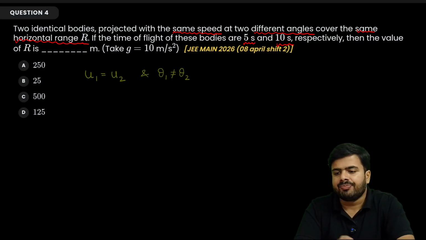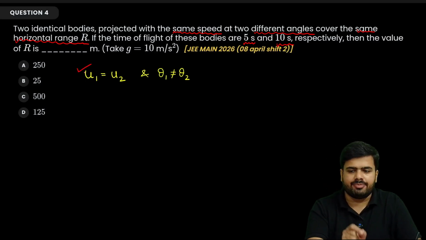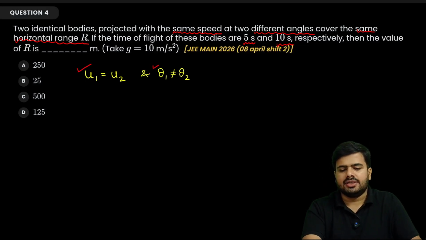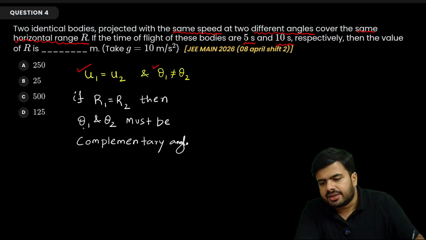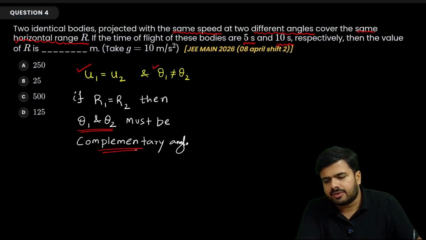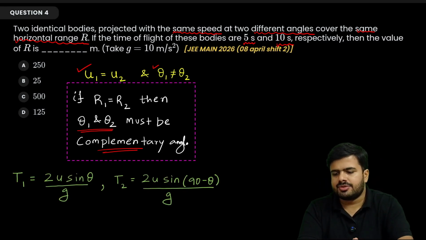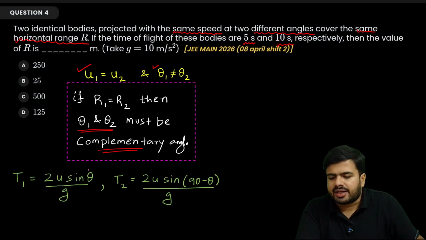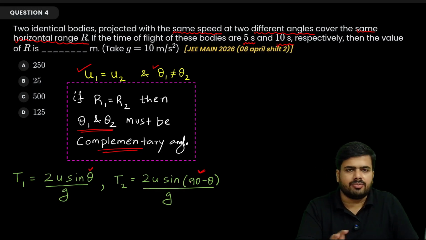As per the given condition, the initial velocities are the same, so the angles are different. Here I can write that the angles will be complementary. Theta 1 and theta 2 must be complementary, then only the range will be the same. Here I have substituted theta and here 90 minus theta, so both are complementary angles.